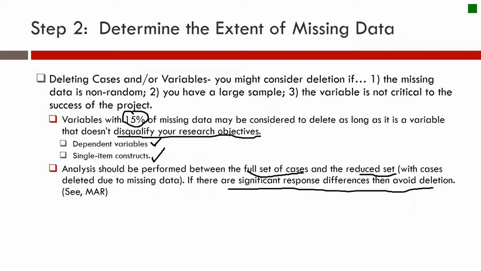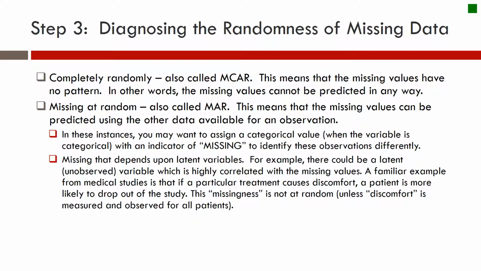So we can actually use that as a basis for deciding whether we drop some in our sample or not. We can look at what the impact of dropping them would have overall in our research findings.